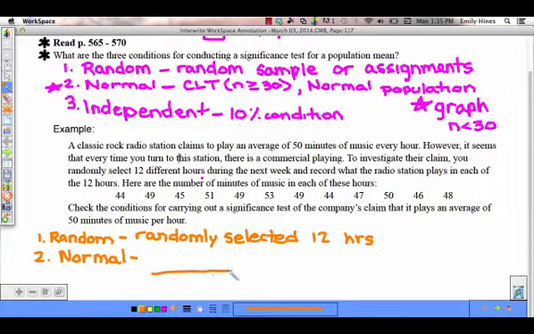Nothing fancy. The smallest one is 44, and the largest one is 51. So 44, 45, 46, 47, 48, 49, 50, 51. Let's just make that easy.